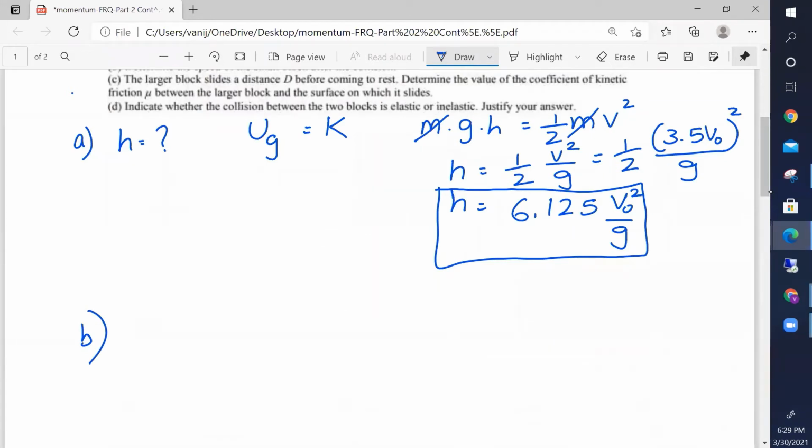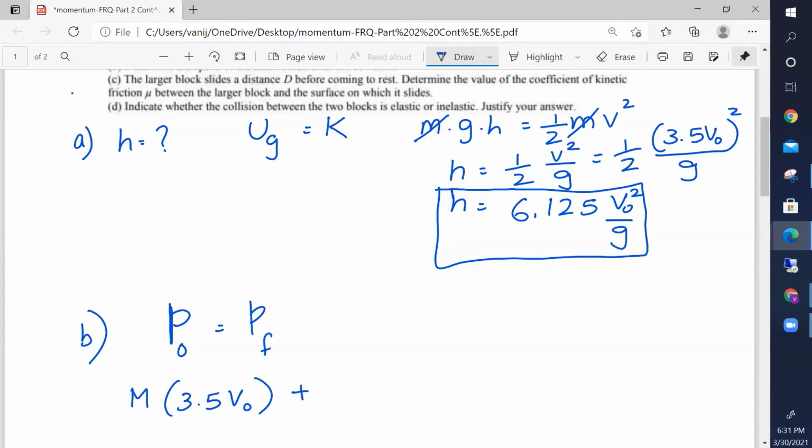So we're going to use conservation of momentum. It doesn't matter what type of collision it is, conservation of momentum holds good for all types of collisions, which means that the total initial momentum is equal to the total final momentum. The initial momentum of block M is M times 3.5 v naught.